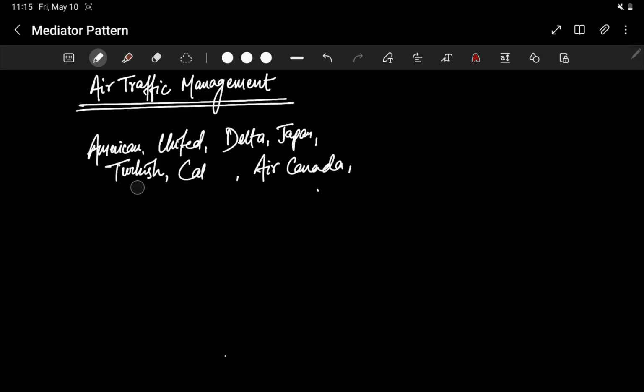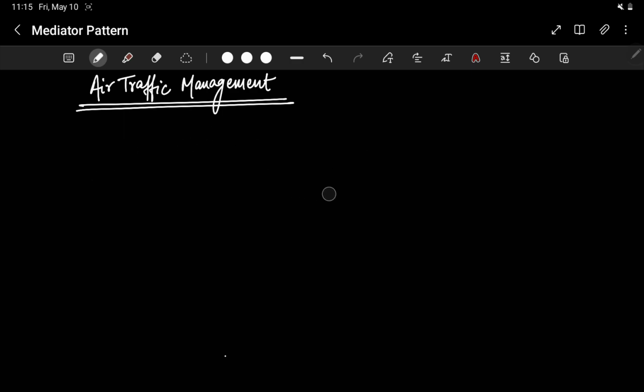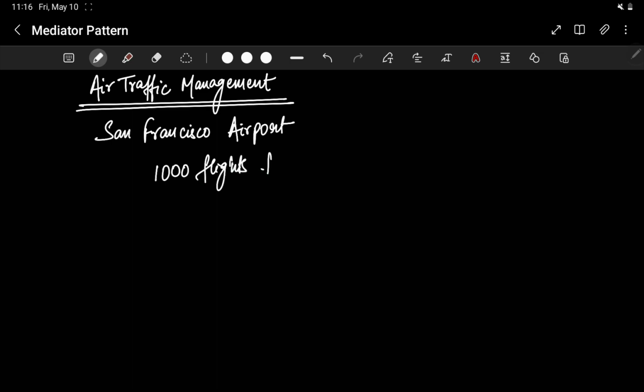Okay, so let's see. Let's talk about one of the airports. For example, let's talk about San Francisco Airport. Assuming that each day, let's say, 1,000 flights take off and land.